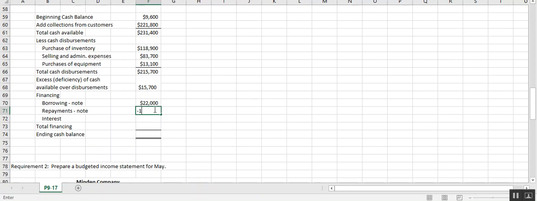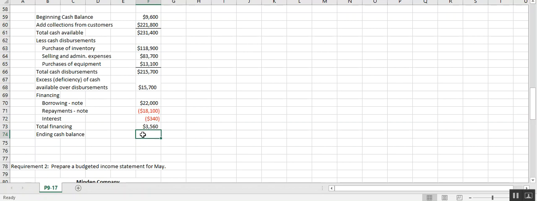So that's a repayment, so I'm going to put that in parentheses. And the interest was $340. So our total financing is the net of those three, the one cash inflow and the two cash outflows. So our total financing was an actual inflow of $3,560.